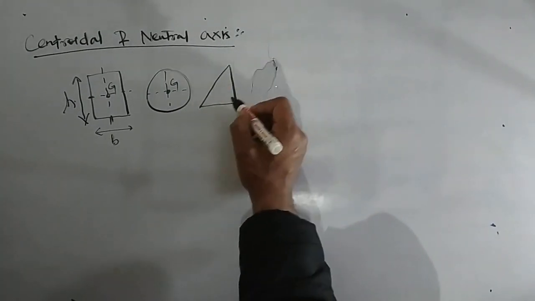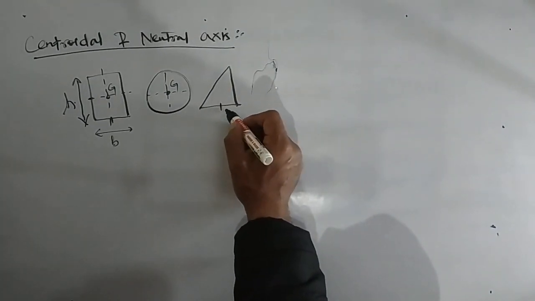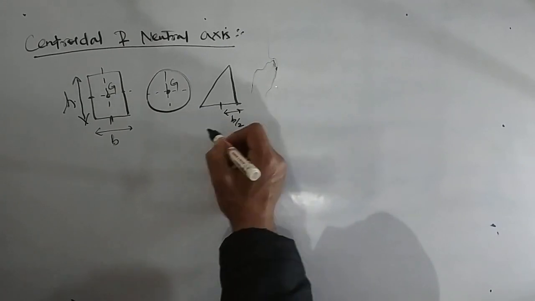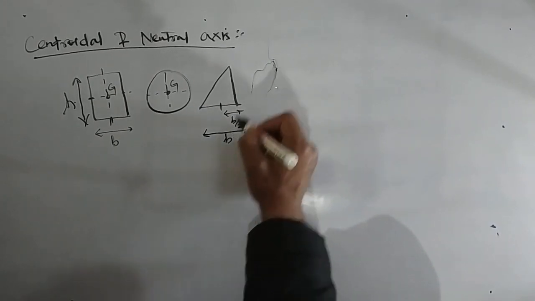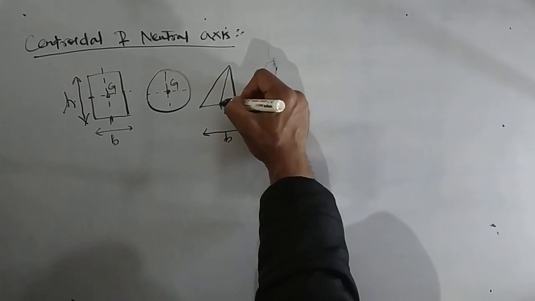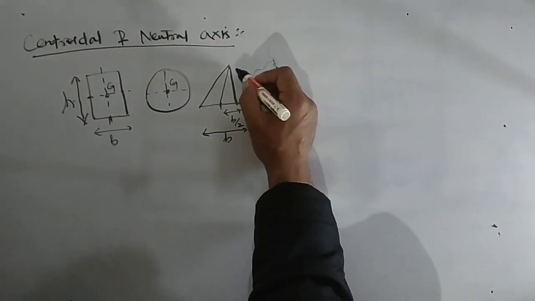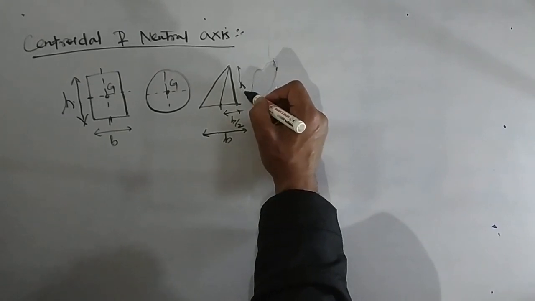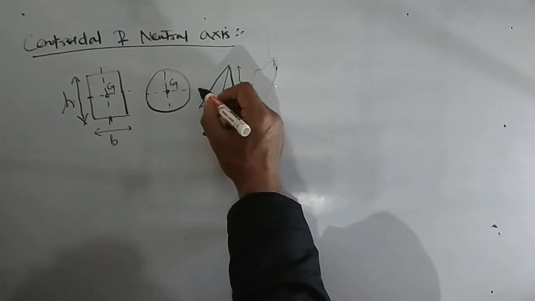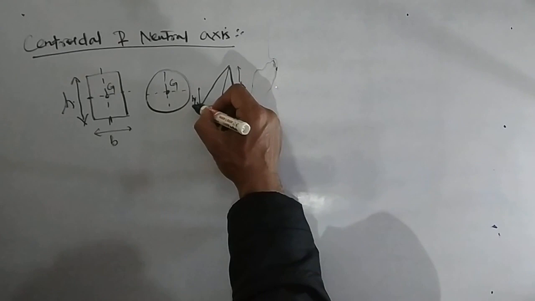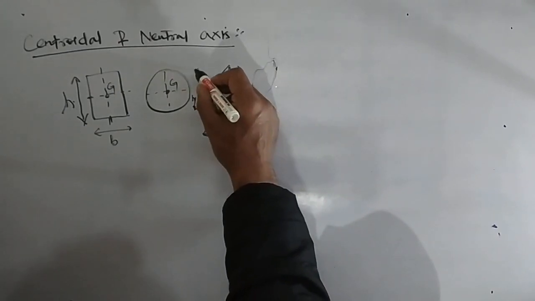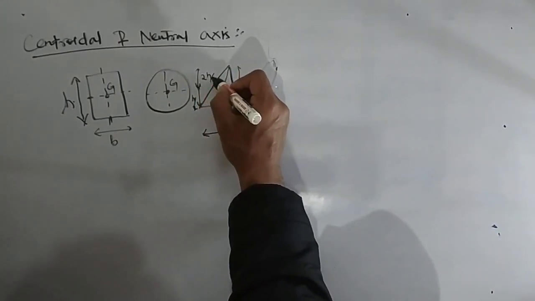And for the triangular section, take B as the base. If you draw a line from the top point, you will get a point at H by 3 from the base, and 2H by 3 from the top.